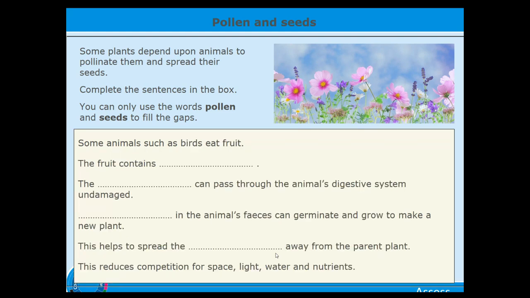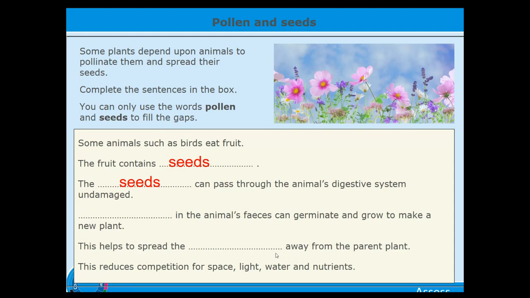Okay, please pause the video and have a go at this other task. Let's go. Let's fill in the blanks. It says some animals, such as birds, eat fruits. The fruit contains seeds. The seeds can pass through the animal's digestive system unchanged, undamaged.